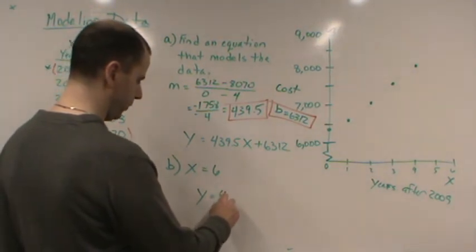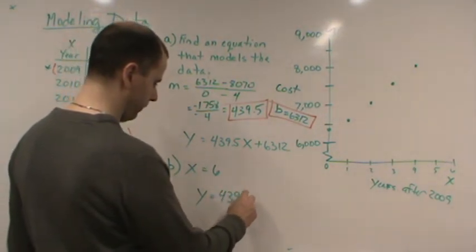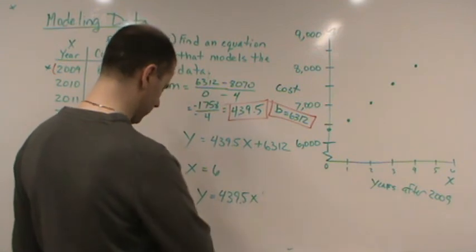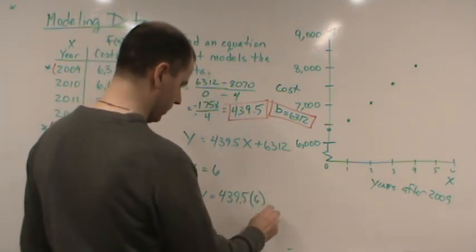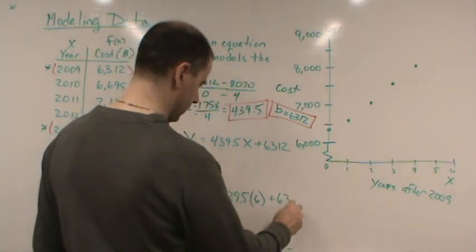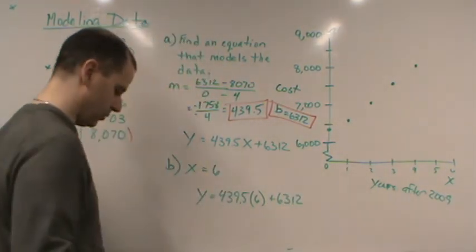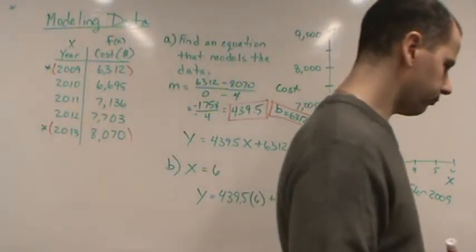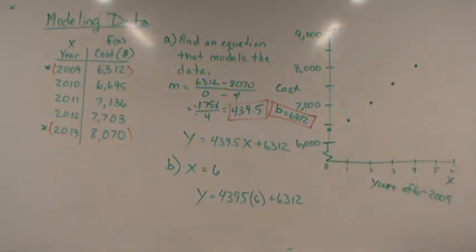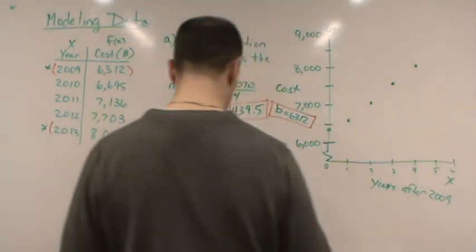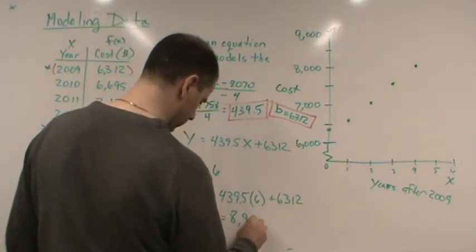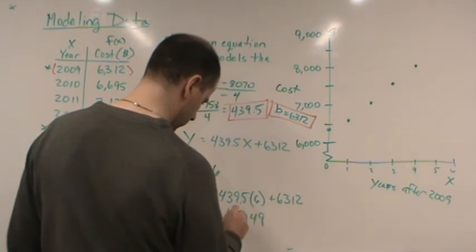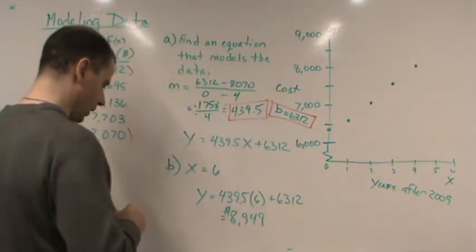So we get 439.5 times 6 plus 6312. And what do we get? We get 8949 dollars.